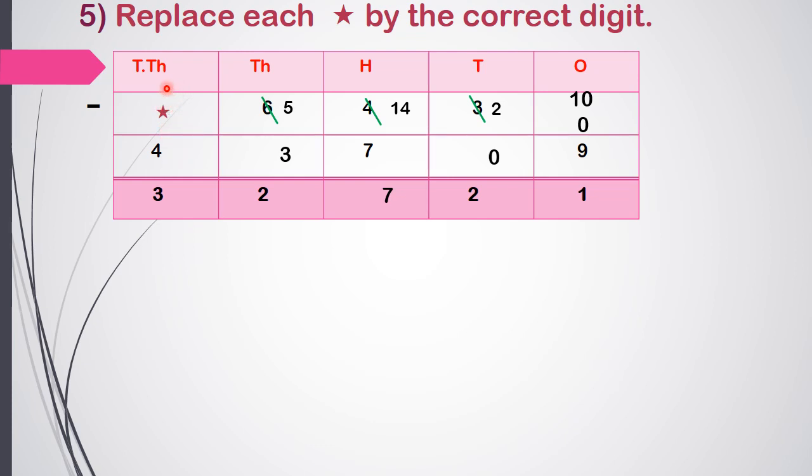Now we move on to the next digit, 10,000. So star minus 4 is equal to 3. We have to add these two numbers to get the larger number. So 4 plus 3, what is 4 plus 3? 5, 6, 7. So we get 7. Again I tell you, whenever we add the smaller number and the answer, we get the larger number.